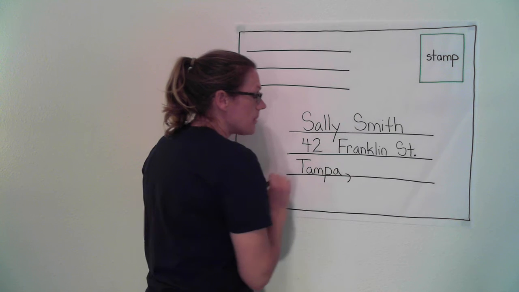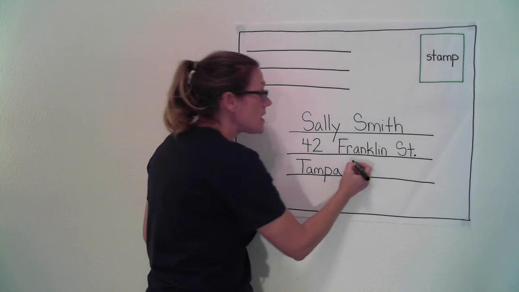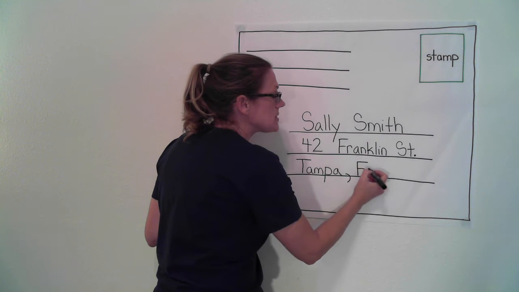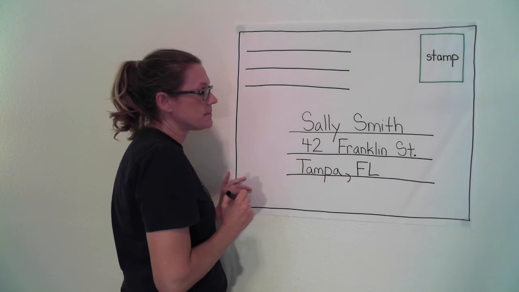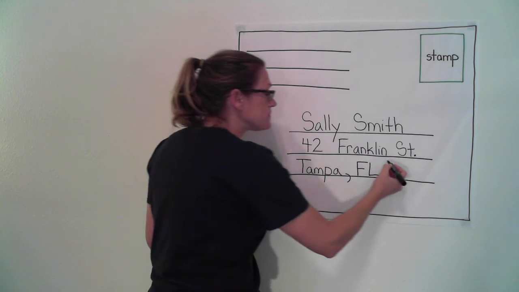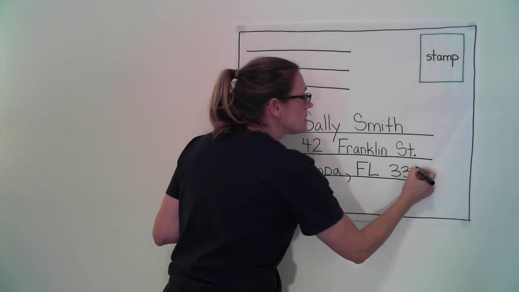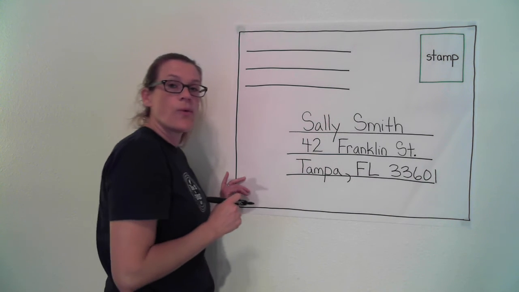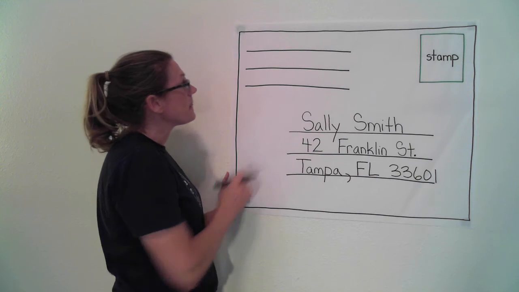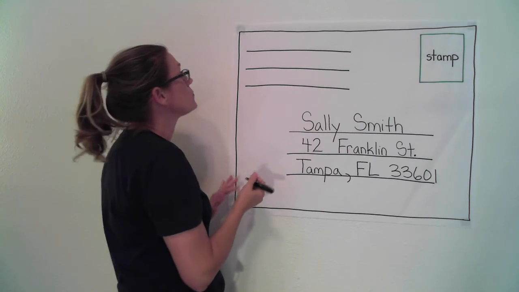Then I need a comma, and I will again put an abbreviation for our state, Florida, FL. And now we'll have our zip code. All right, so Sally's zip code is 33601.